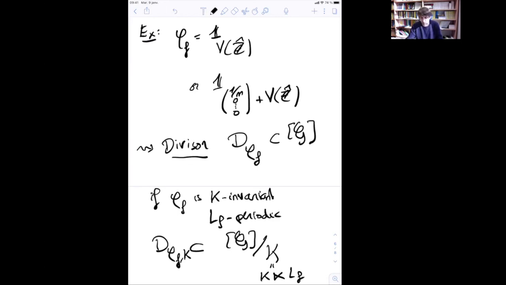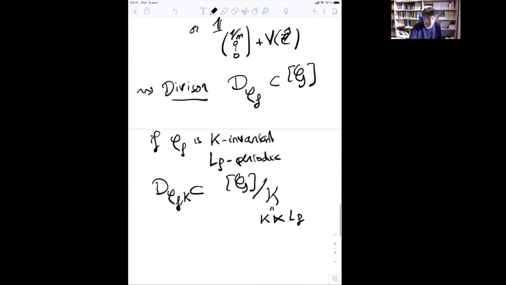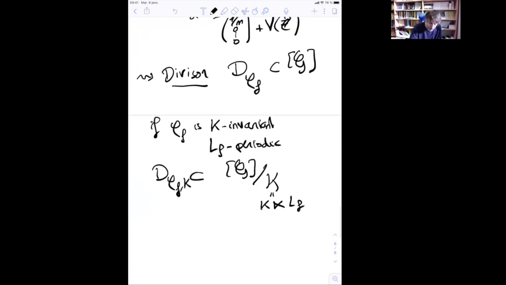So let me explain what is this divisor. Then this is exactly equal inside the disjoint union. Remember that this quotient on the right is a disjoint union of standard quotients, and in fact this is all the points that you obtain like that. I should say it.